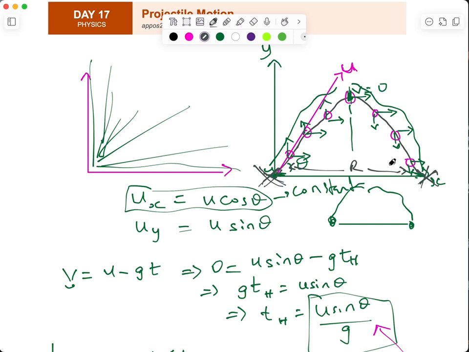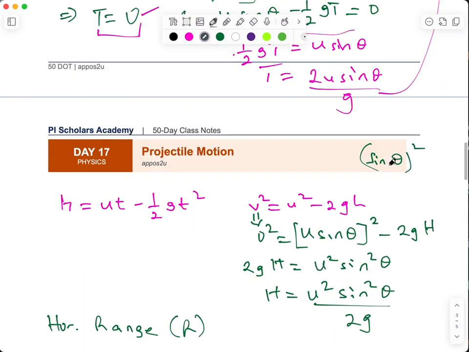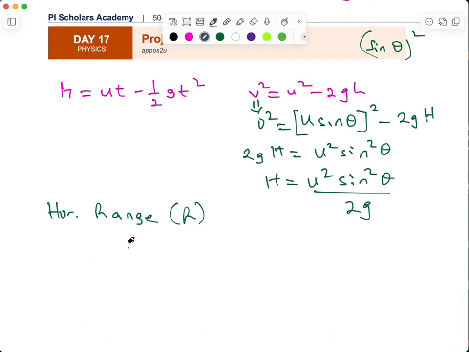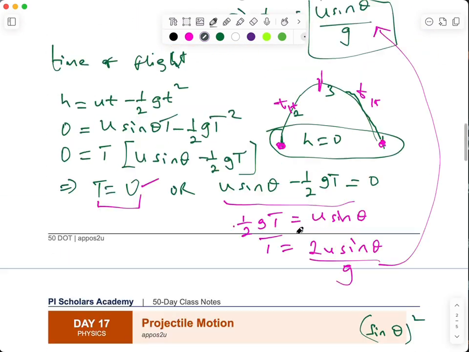How do we do it? Since it is horizontal distance, we have to use the horizontal component of the velocity. And since it is not changing, then we can use S equals Vt. In this situation, we use R as our range, so R equals Ux multiplied by T. So what will the T be?